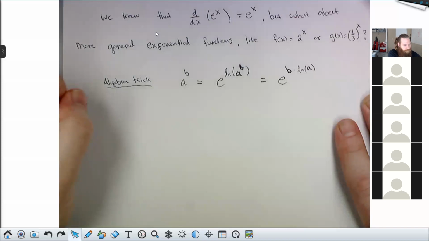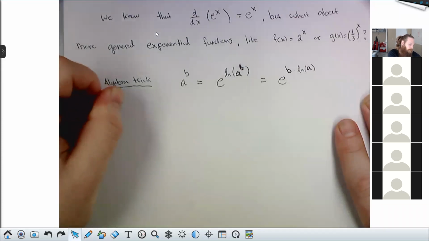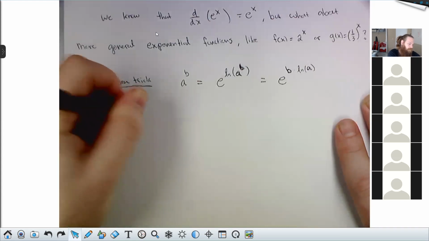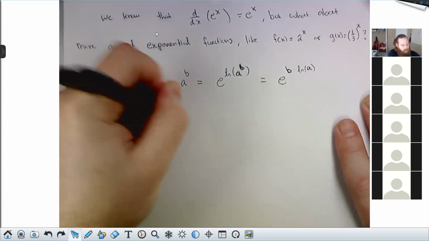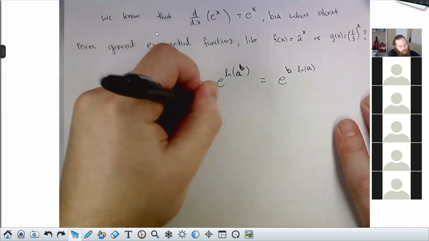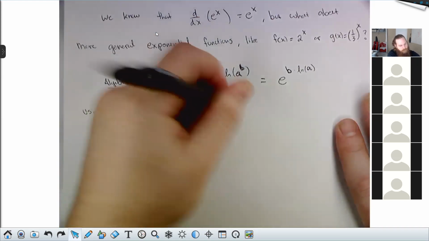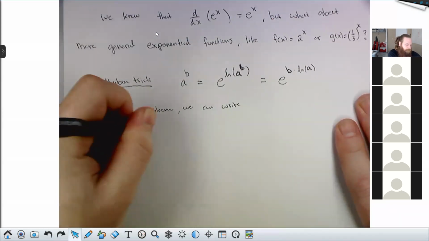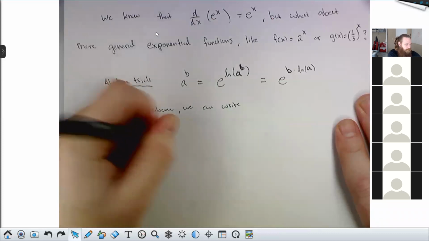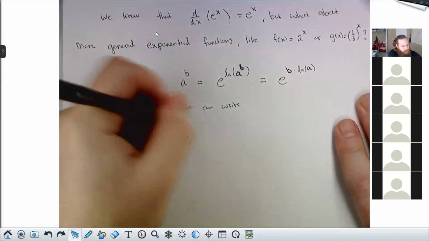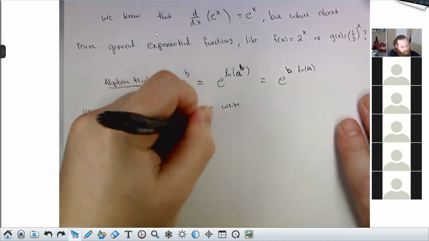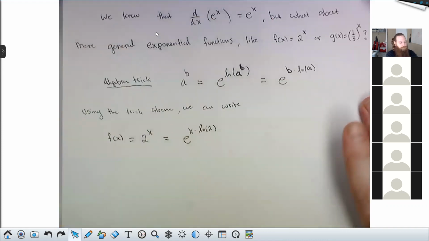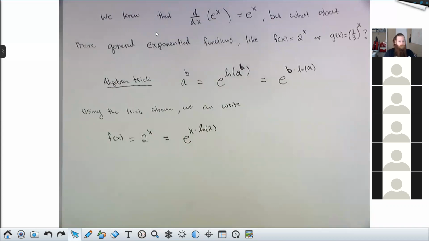So, using our algebra trick, we can write f of x, which was 2 to the x, as e to the x times the natural log of 2. No calculus here, just algebra.